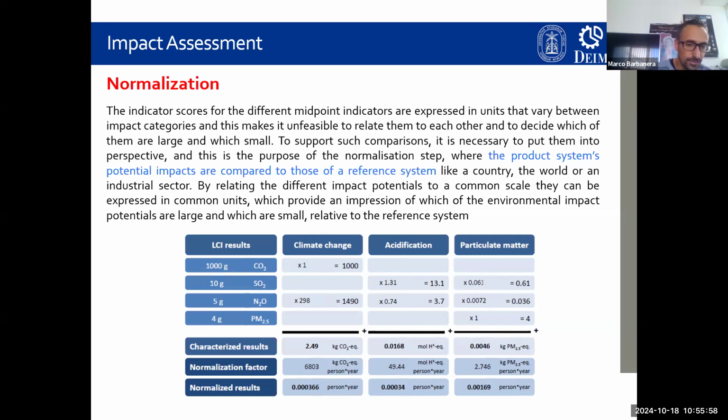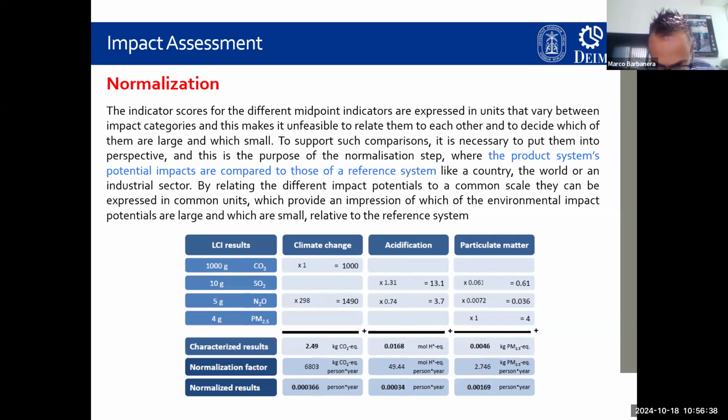We have the possibility to end our evaluation at the normalization step. In particular, if we end our analysis at this step, by comparing the normalized results, we can check which impact categories are more important for our product.